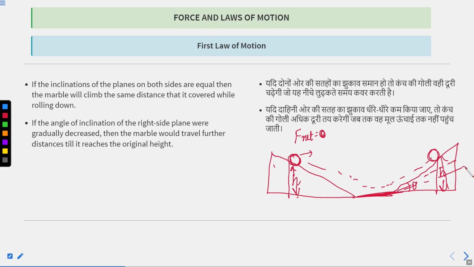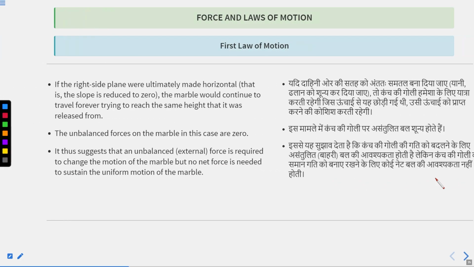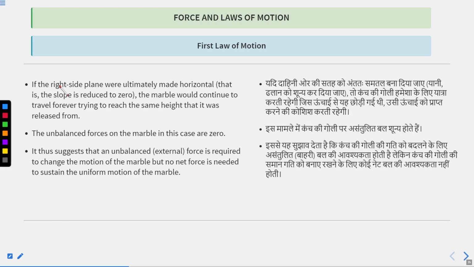Then the marble will roll back to its original height, covering a longer distance to reach it. If the right side plane is ultimately made horizontal, it means there is no inclination, then this marble will travel continuously forever.